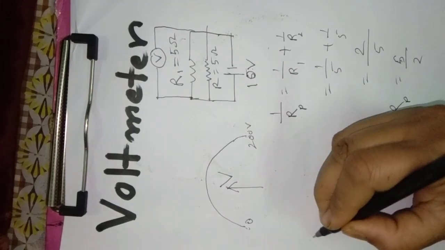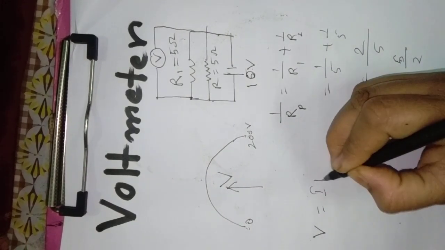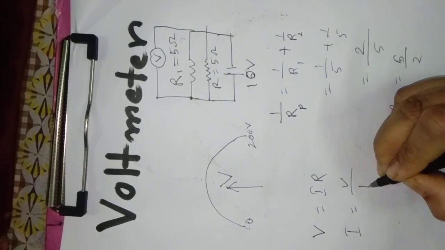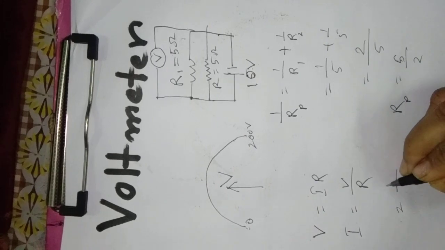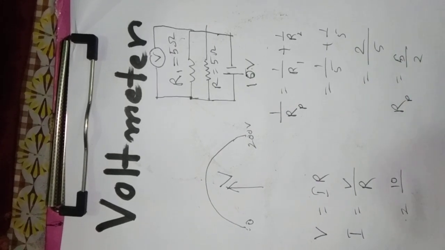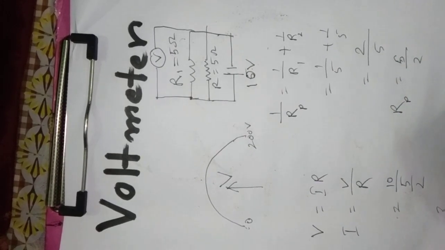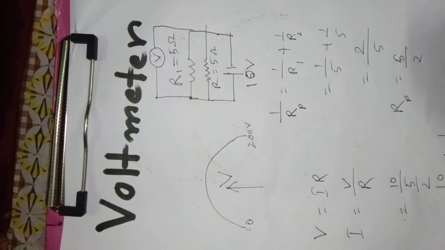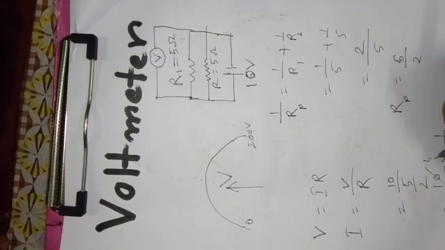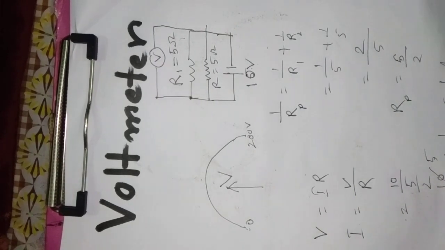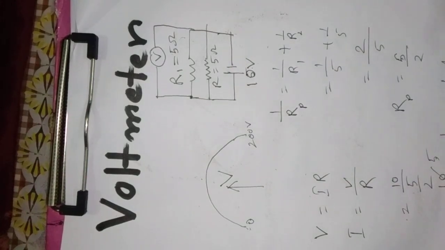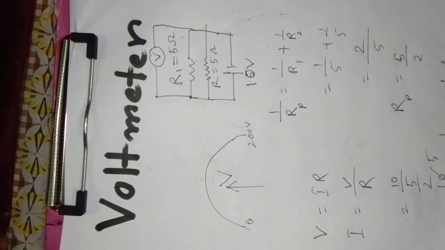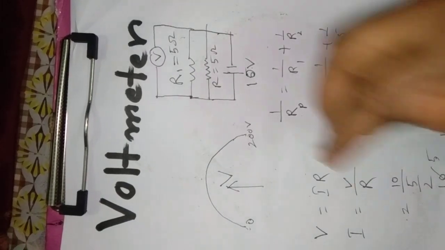So according to V equal to IR, I equal to V by R. V equal to 10 and Rp equal to 5 by 2. So 10 by 5 by 2, which gives 1 ampere. Look, so the amount of current will be 1 ampere.